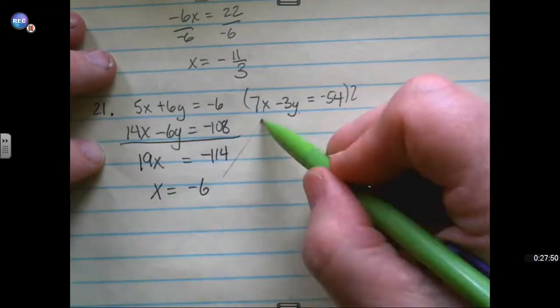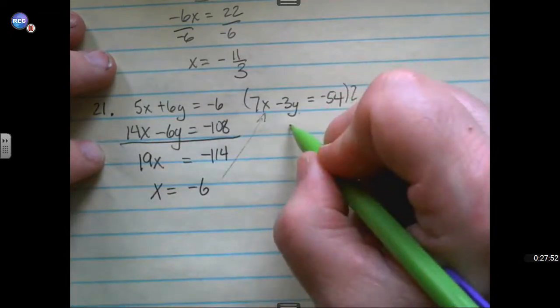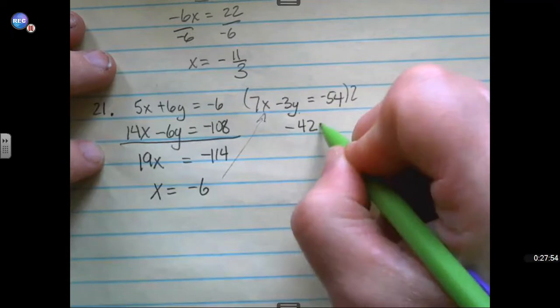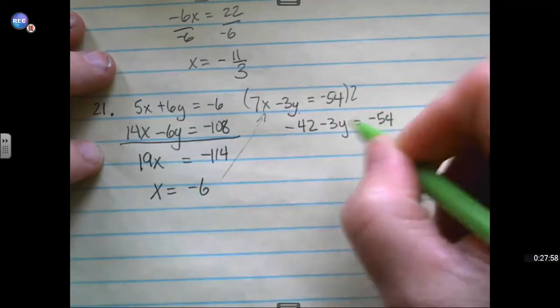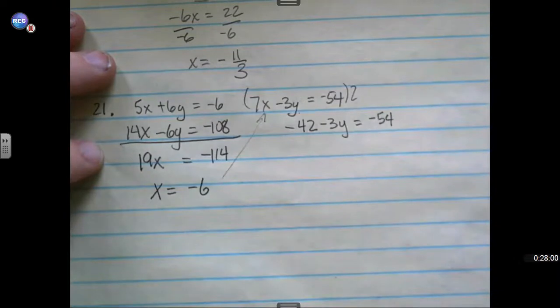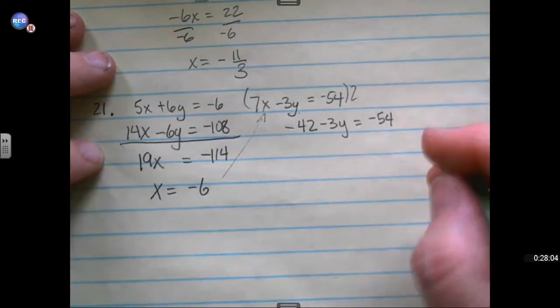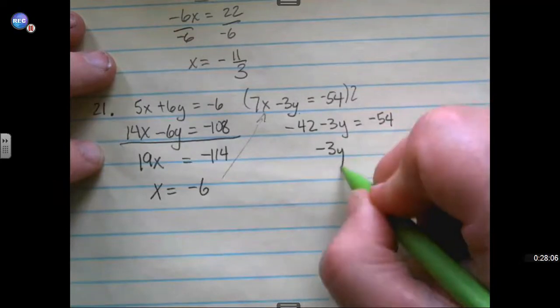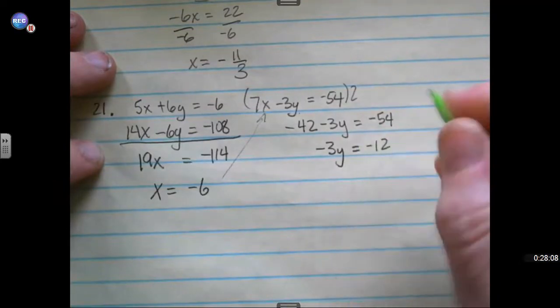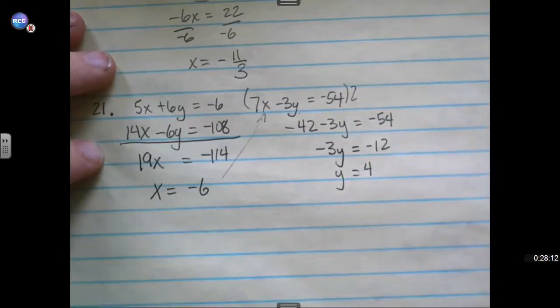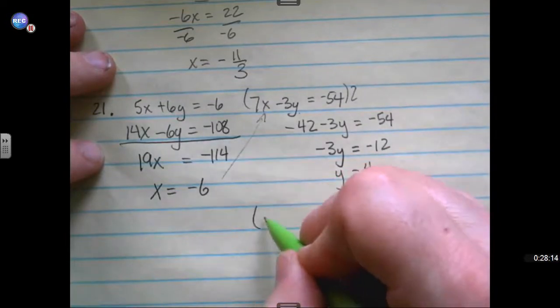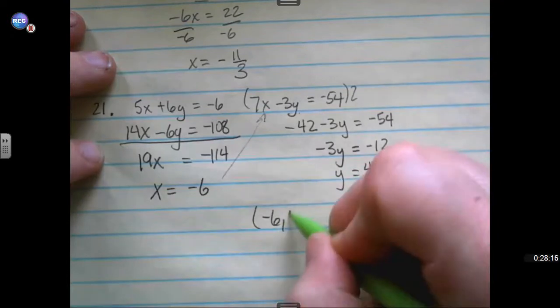I'm just going to plug that in here and get negative 42 minus 3y equals negative 54. So I would add 42 to both sides and get that negative 3y is negative 12. Divide by negative 3, and I get that y is 4. So these two lines intersect at the point negative 6, 4.